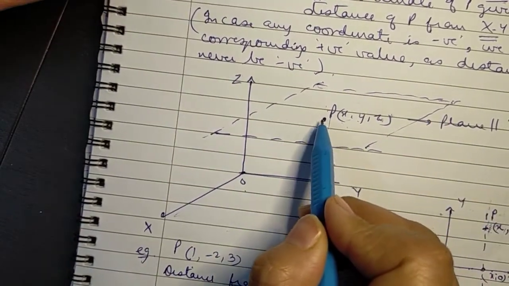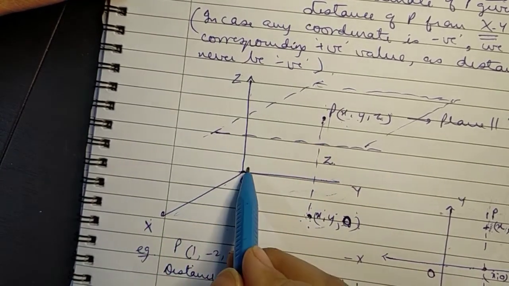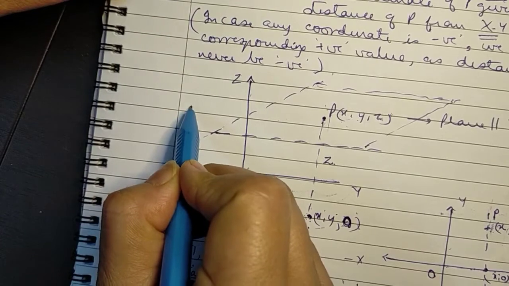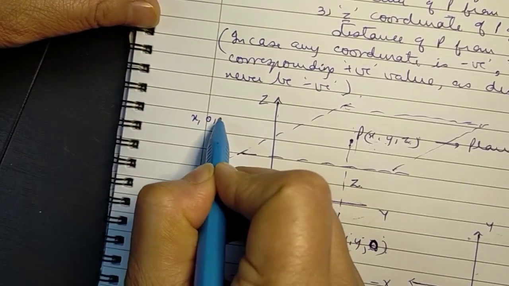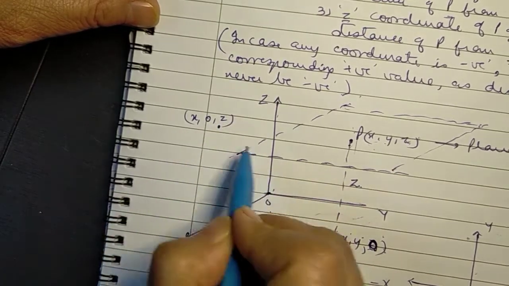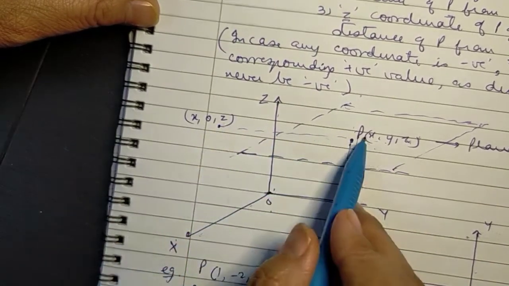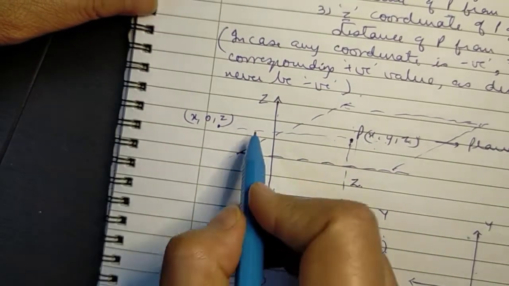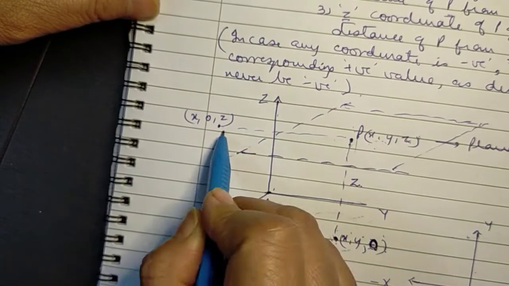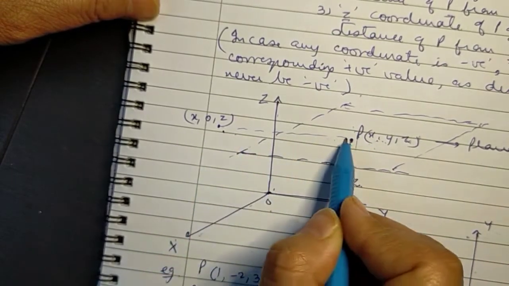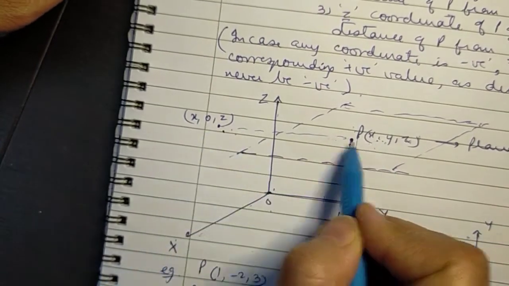Similarly, if we want to find the distance of P from the zx plane, any point on the zx plane will be of the kind (x, 0, z), and along this line the z and x coordinates remain the same, and only the change happens in the y coordinate.